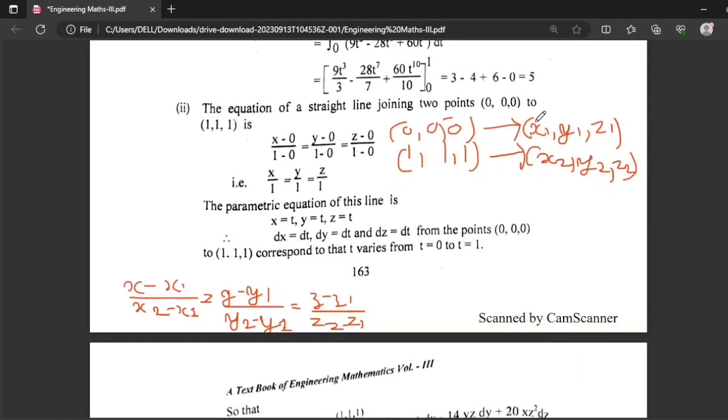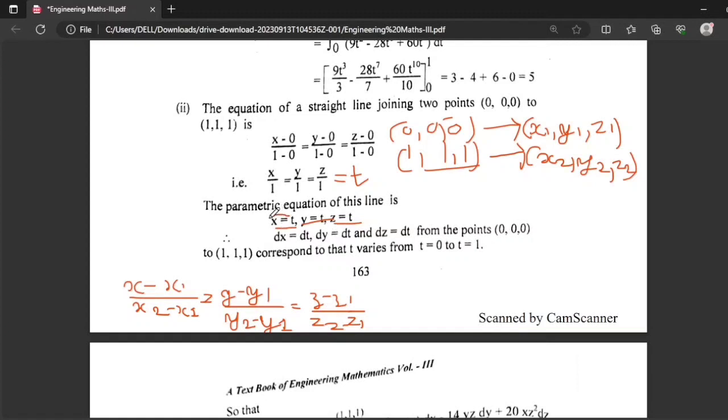So you can let this be equal to t. So x equals t, y equals t, and z equals t. Differentiating, dx is dt, dy is dt, and dz is dt. The points from 0, 0, 0 to 1, 1, 1 correspond to t varying from 0 to 1.